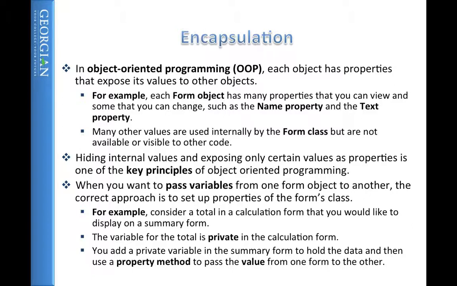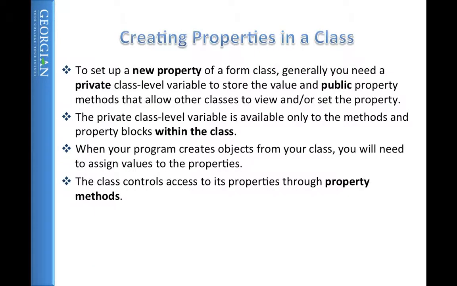Okay. So again, when you want to pass variables, you've got to use these property methods, which in other languages we call getters and setters. So we'll talk about how to use those. You need to set up a new property method of a form class.